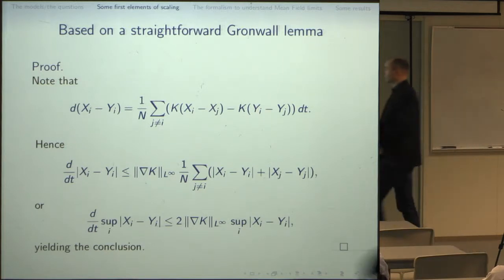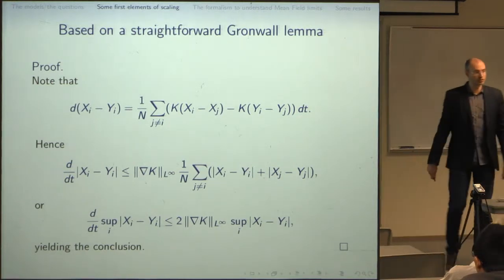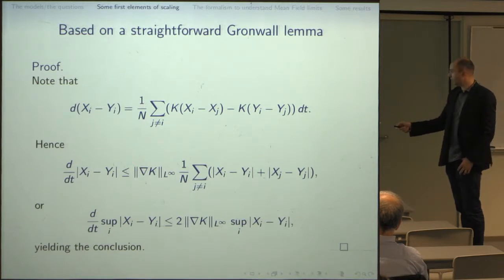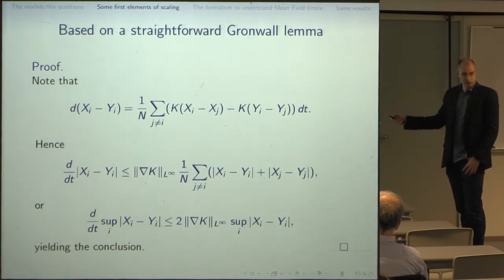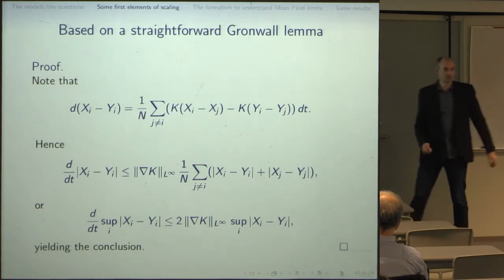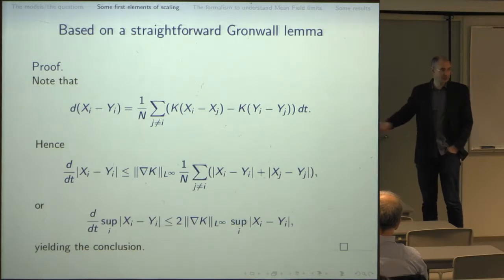Now I'm using the Lipschitz bound on K. So this is the L infinity norm of the gradient of K times the difference between those 2 terms, which is like that. You take the maximum here. You get it there with the 2, because I have 2 of them. And now if you take the i such that this was at the maximum distance, then you have this. So finally, you have a very simple Gronwall estimate.